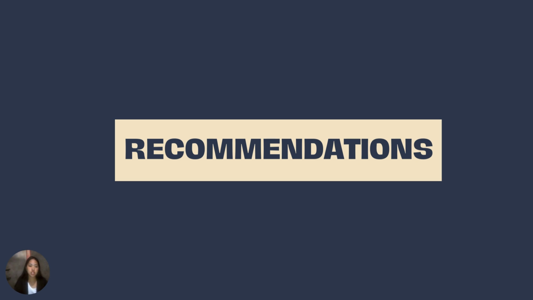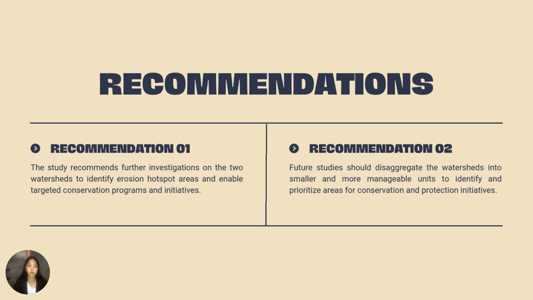The study recommends further investigations on the two watersheds to identify erosion hotspot areas and enable targeted conservation programs and initiatives. Further studies should disaggregate the watersheds into smaller and more manageable units to identify and prioritize areas for conservation and protection initiatives.